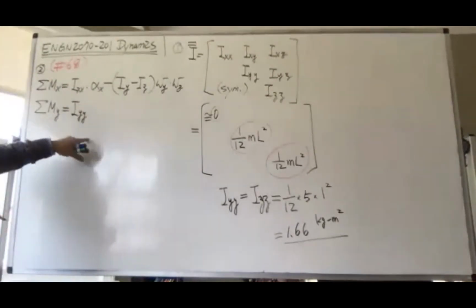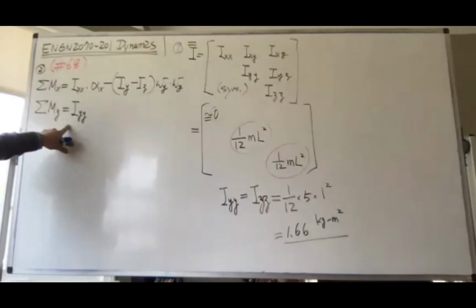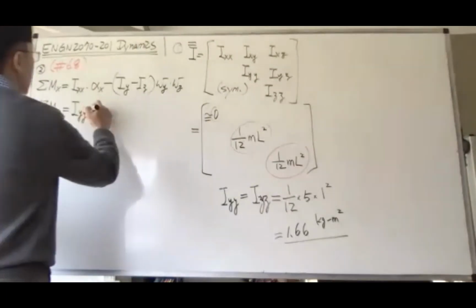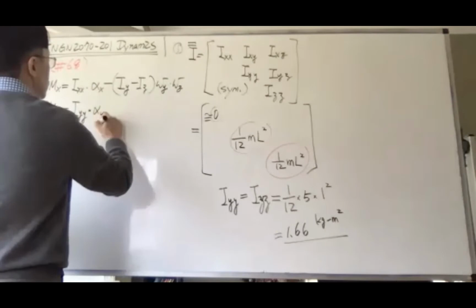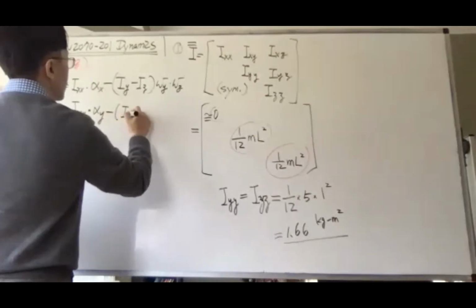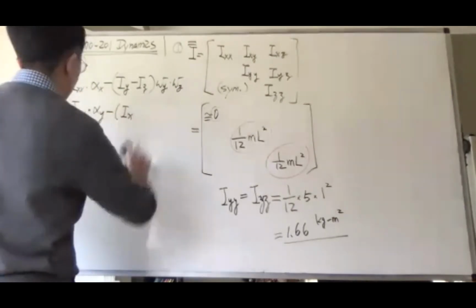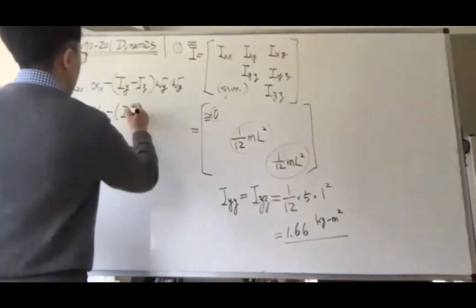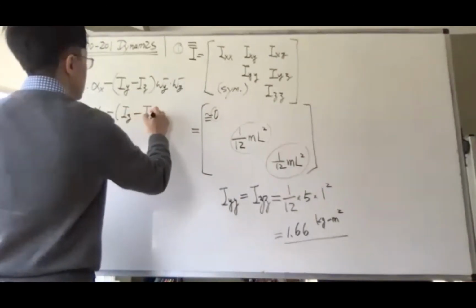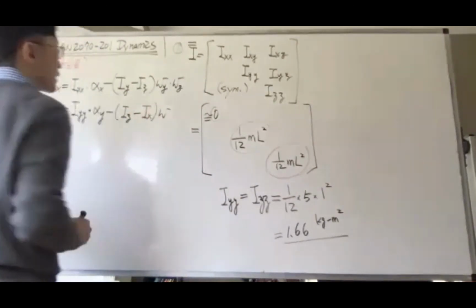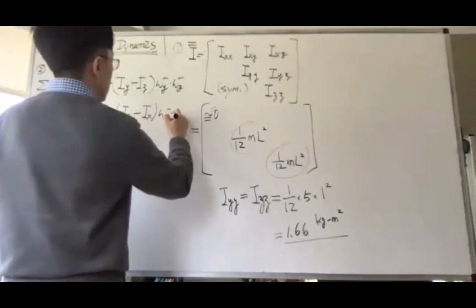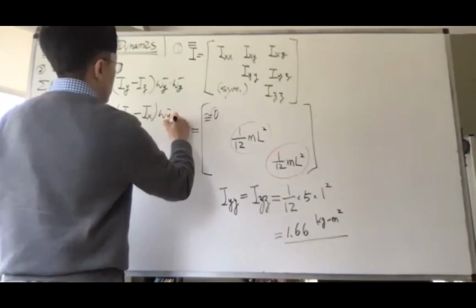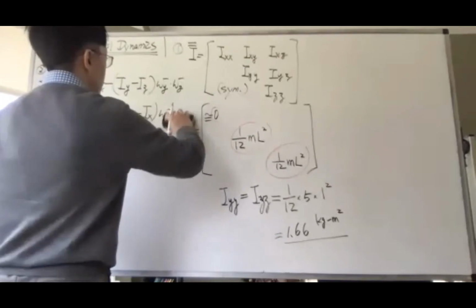The moment equilibrium in the y direction equals the mass moment of inertia in the y direction times the angular acceleration in the y direction, minus Iz minus Ix times the x component of the angular velocity times the z component of the angular velocity.